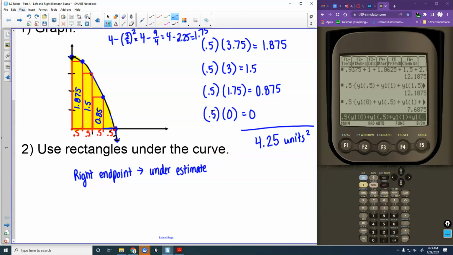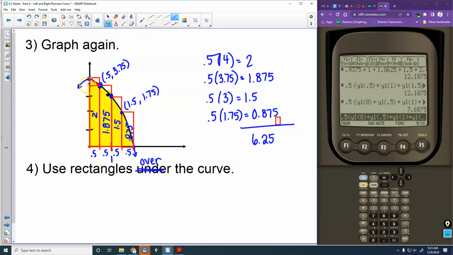Okay, and then this one was our left endpoint. And it was an overestimate. So definitely left endpoint and right endpoint don't necessarily give us our overestimate or underestimate.